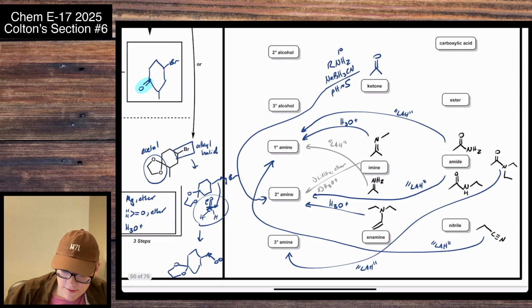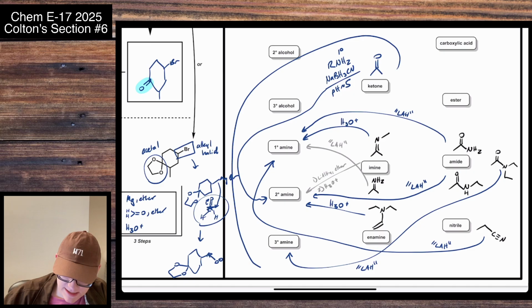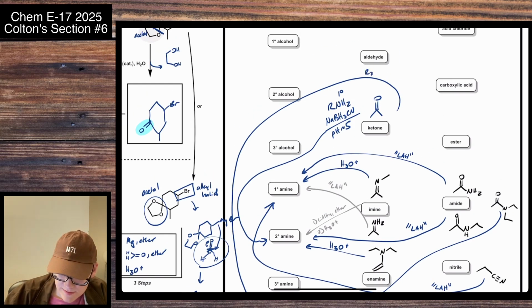But we can also use this to make a tertiary amine if we use R2NH with NaBH3CN and pH of around 5. Here, then we would be creating nitrogen and we would have our 2 R's on it. So now this nitrogen is a tertiary amine.